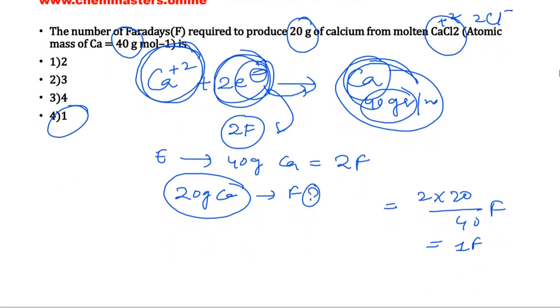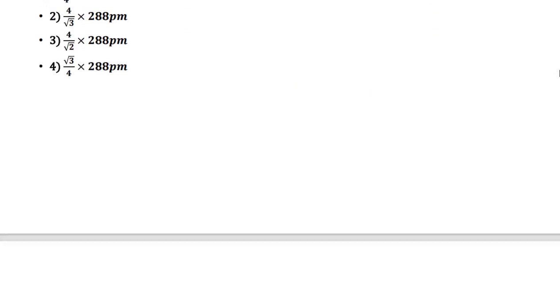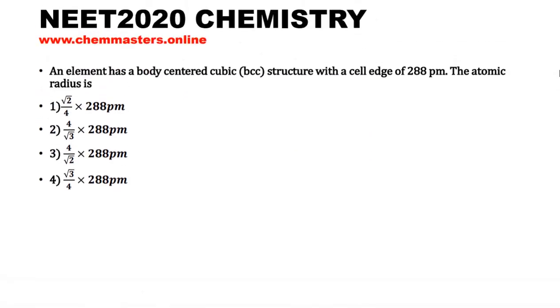Okay, right. Next question. An element has a body-centered cubic structure with a cell edge length of 288 picometer. The atomic radius is? So here we are given BCC with edge length a equal to 288 picometer.